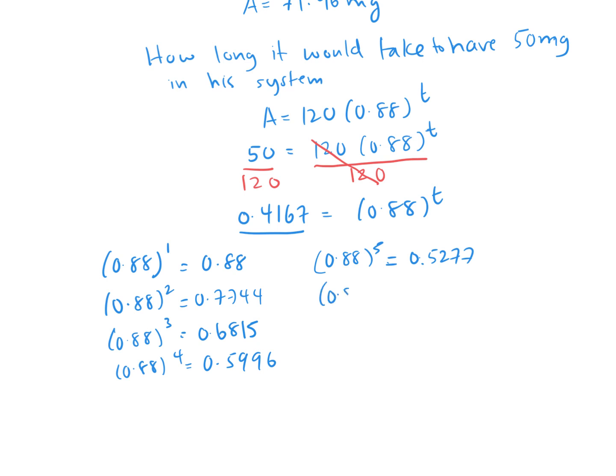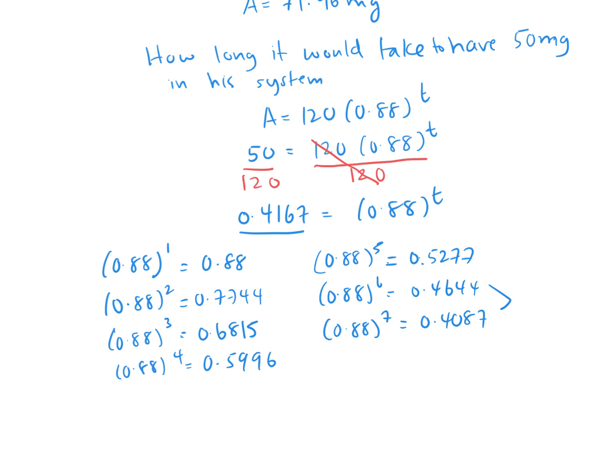Let's try to the power 6. Okay, now we're in the fours, 0.4644. So I'll do 0.88 to the power 7. And I get a little bit smaller, 0.4087. So I know it's in between these two numbers.